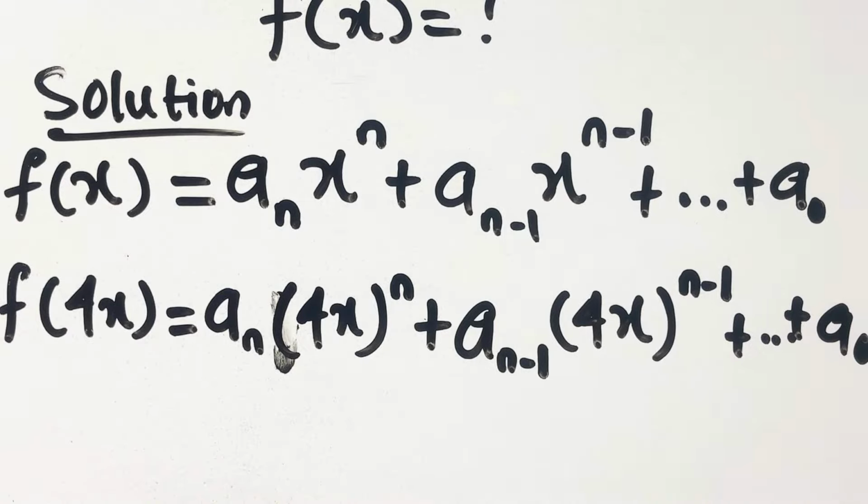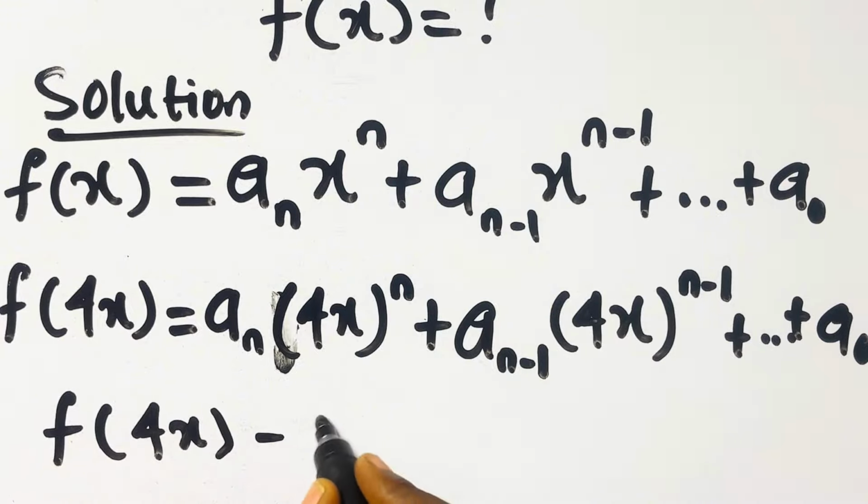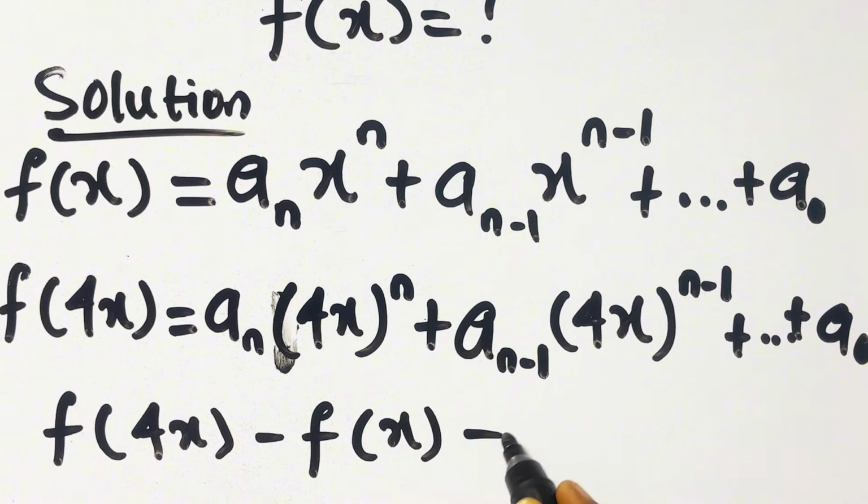All right, but don't forget our given function, which says f(4x) minus f(x) equals 9x.